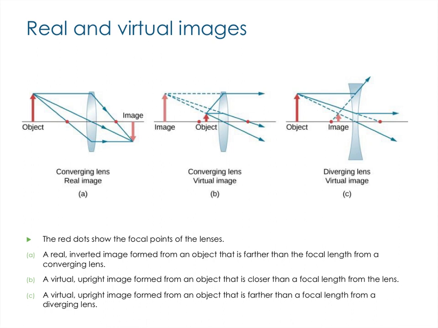In both cases, if the object is placed closer to the lens or mirror than the focal point, then you form a virtual image. As long as the object is further away from the lens or mirror than the focal point, you will get a real image. For a diverging lens, you always have a virtual image.